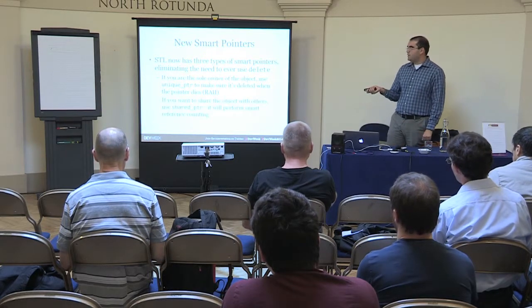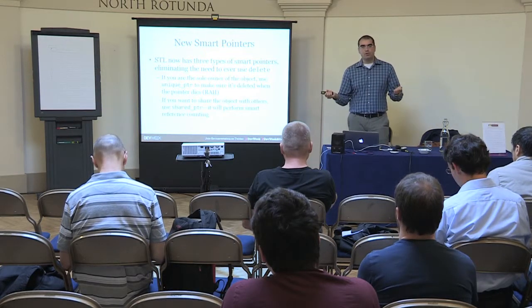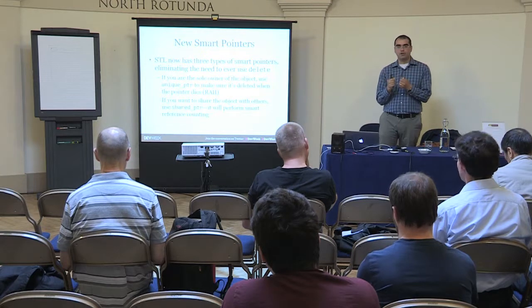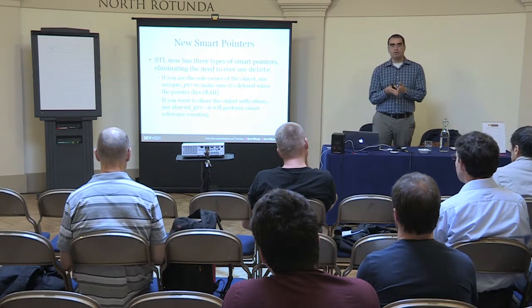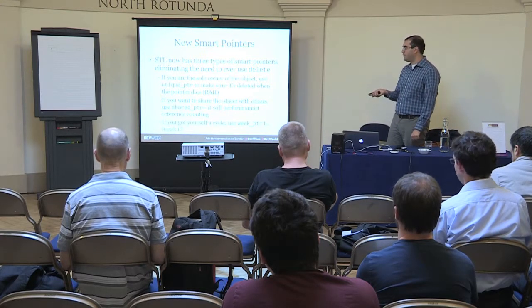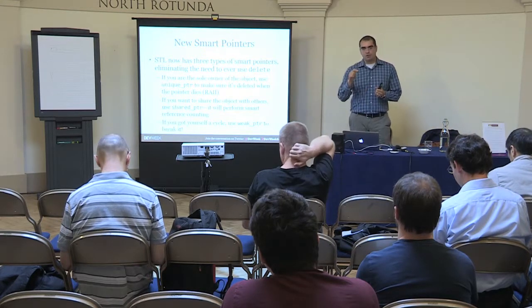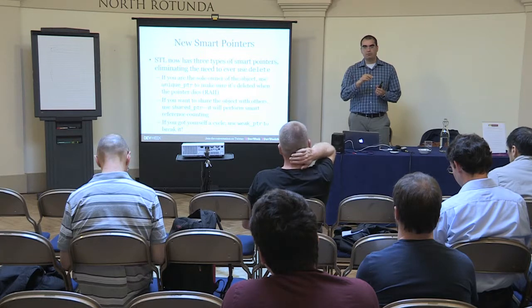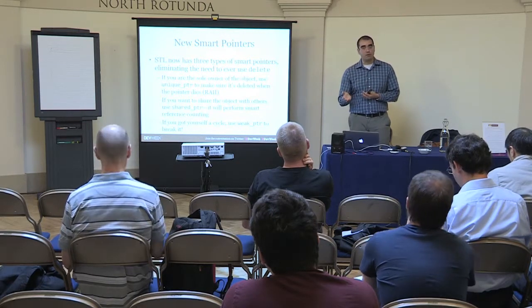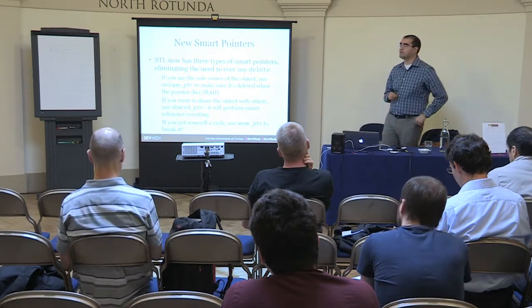We have shared_ptr if you want to share ownership over memory with other places in your program. So you might have multiple shared pointers to the same underlying block of memory. And finally, we have weak_ptr for situations when you have a reference cycle, and you want to explicitly break it so you don't have a memory leak. And again, I'll explain this in a couple of seconds.